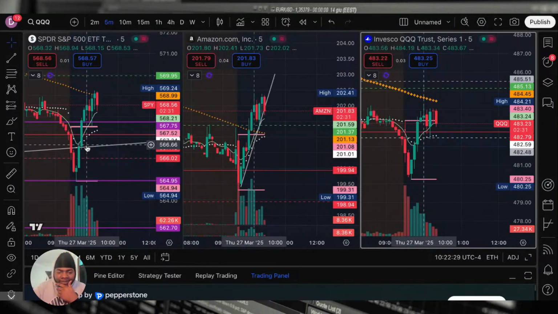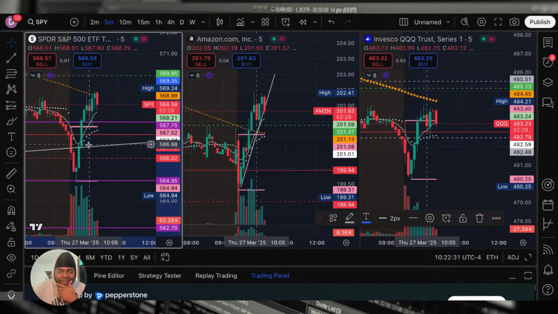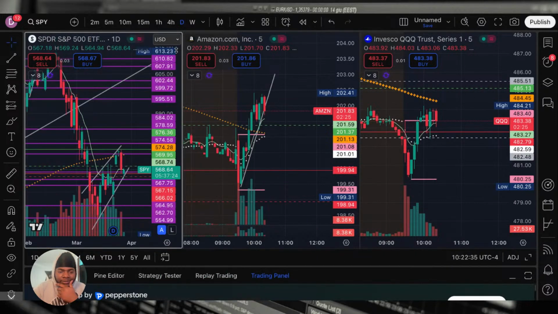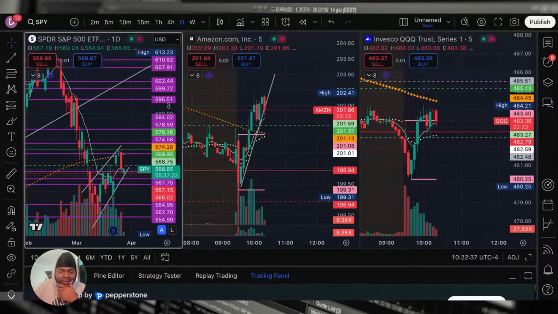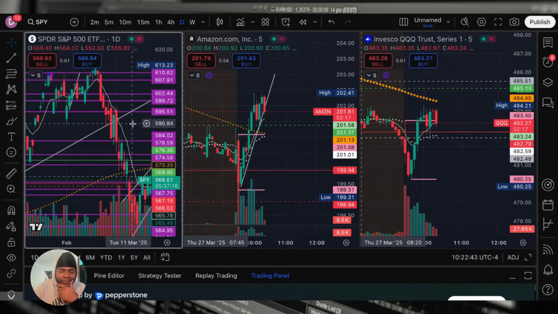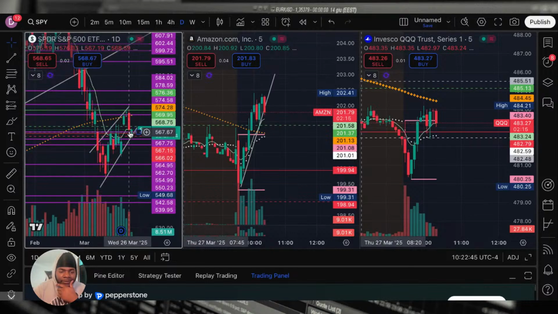And all this bottom is right here on SPY. If you're wondering what that white trend line is, that's just on the bigger picture. A bear flag forming on SPY right here. Got the flag pole, and you got the flag going up right there.